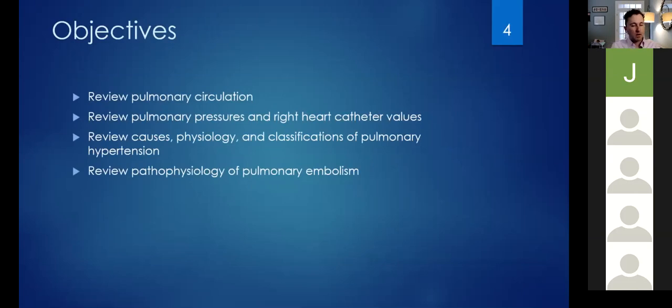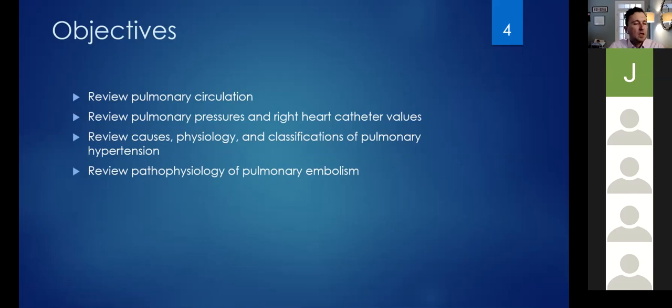So here are our objectives for today. Basically, what I want to cover is what a hospitalist needs to know about pulmonary hypertension. In most cases, this is a disease that you're going to need help with from a consultant. But like all things in general medicine, we need to have a good understanding of the disease process so we know what to order and we know who and when to consult.